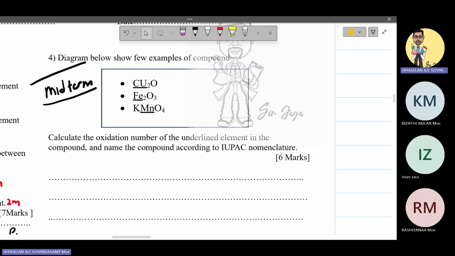I gave you one example last week. Okay, no problem, give your brain a little pain. Just try whatever. 3 minutes from now, just do for one. I don't want this, we do all this later. Only one. What they want: calculate the oxidation number of the underlined element and name the compound. Okay, 3 minutes from now.